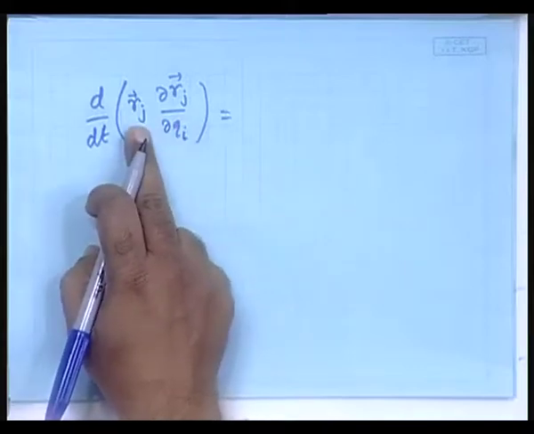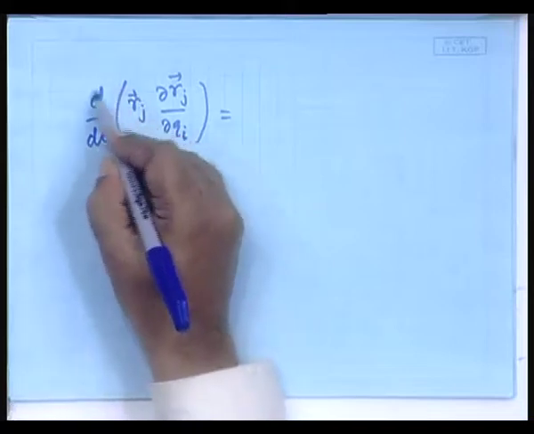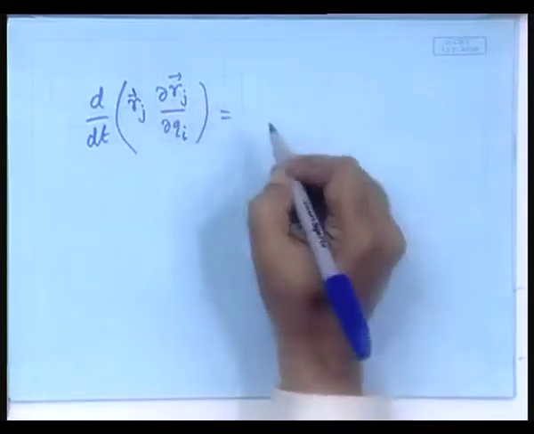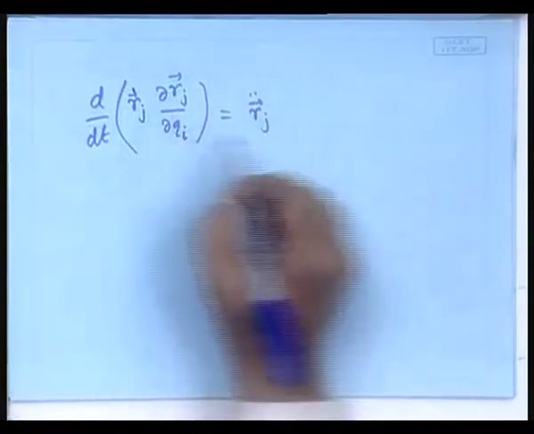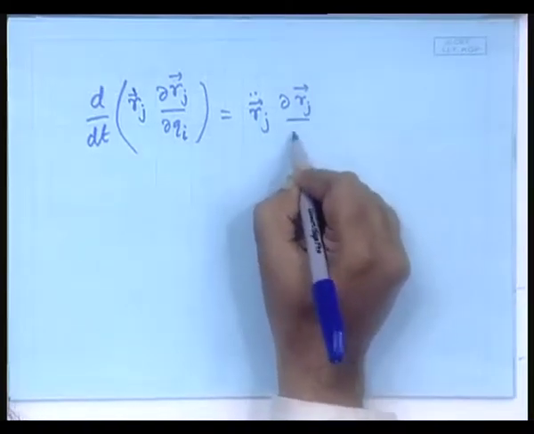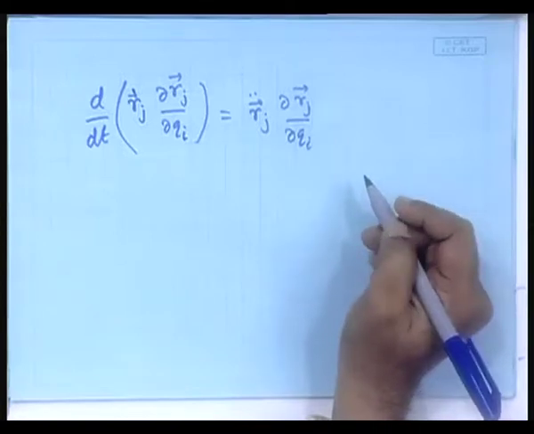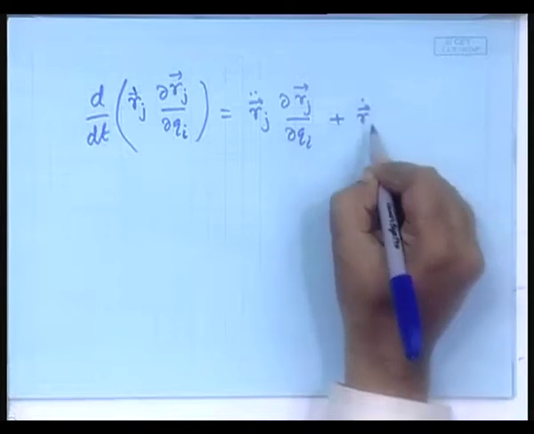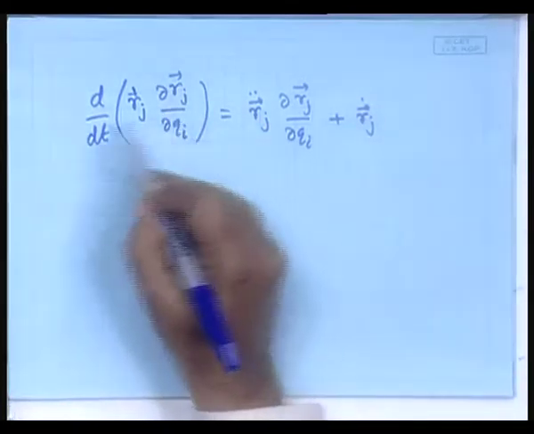We will go by the standard way of differentiation. So, we first differentiate this. That would be r double dot j times this, plus this remains now, and this term is differentiated with respect to time.